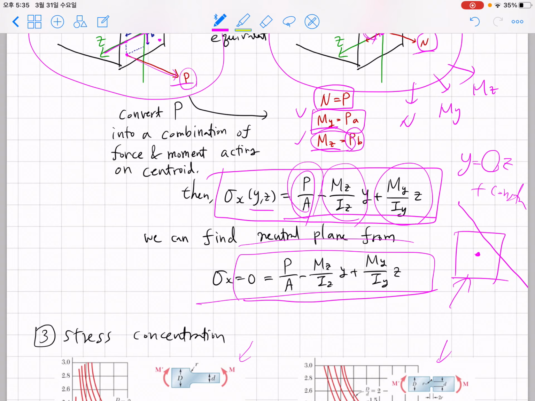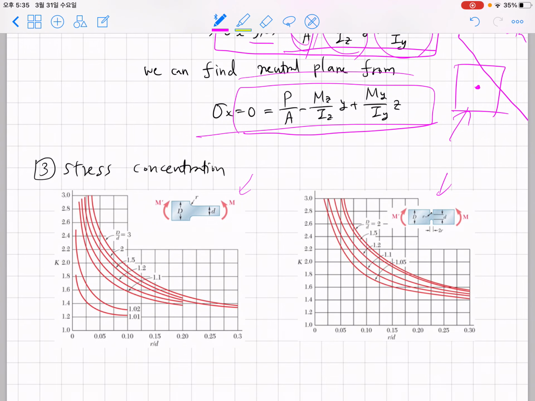You can try to solve some example problems on this. And regarding stress concentration, same. The two example geometries we're going to consider are the following. This is our quite familiar geometry. We have a large height D and a small height d, and we have this radius of curvature r at the joint.